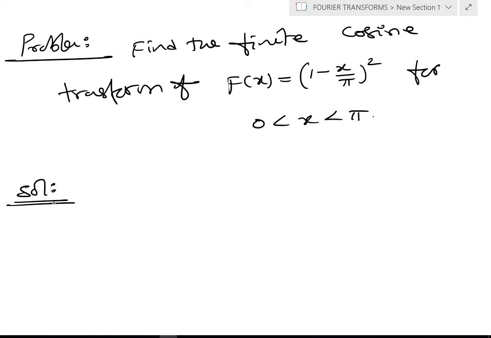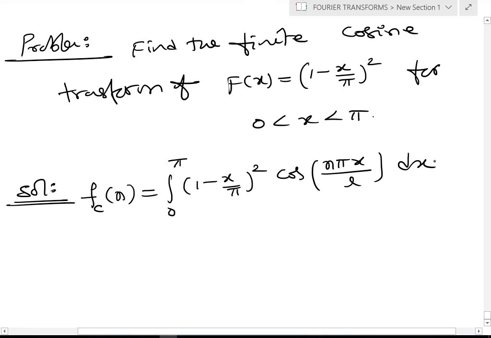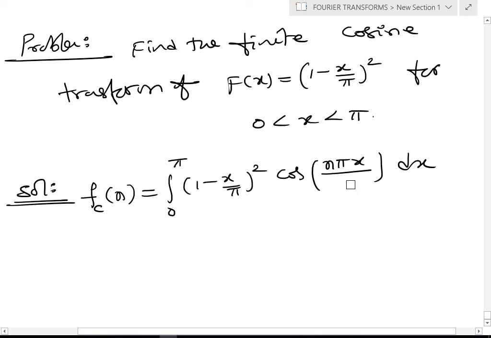Okay, so for the definition, the Fourier cosine transformation they are asking will be equal to the integral from 0 to pi of f of x, that is 1 minus x by pi whole square, cos of n pi x by L dx. But what is the L value here? This L value will be pi.